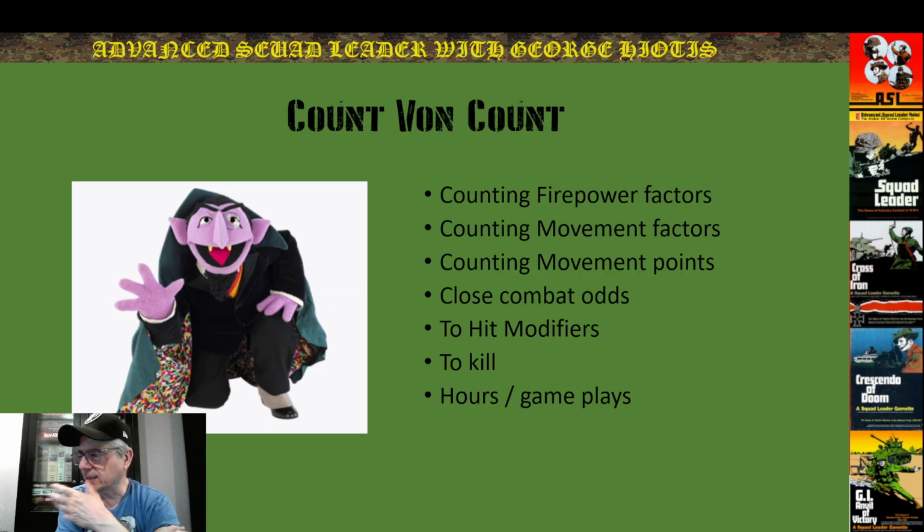The only thing I had in Squad Leader was Starter Kit 1 and Starter Kit 3. I eventually got the guts to get Starter Kit 2 somehow. I'm not sure if I got it from a store or I bought it online. And a couple of magazines, really, and the original Squad Leader game.